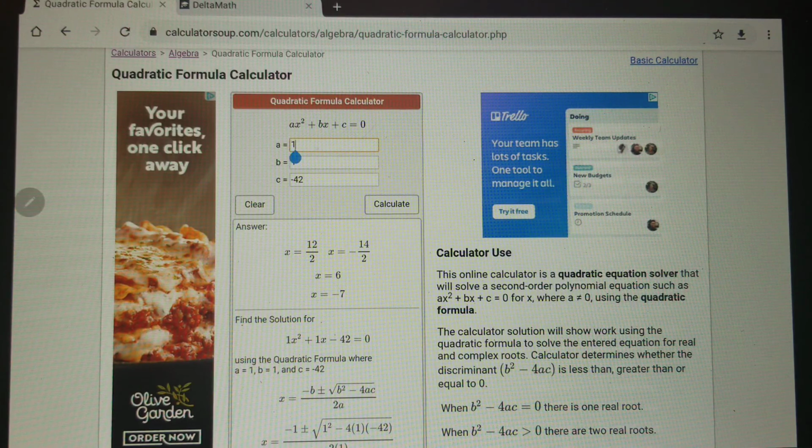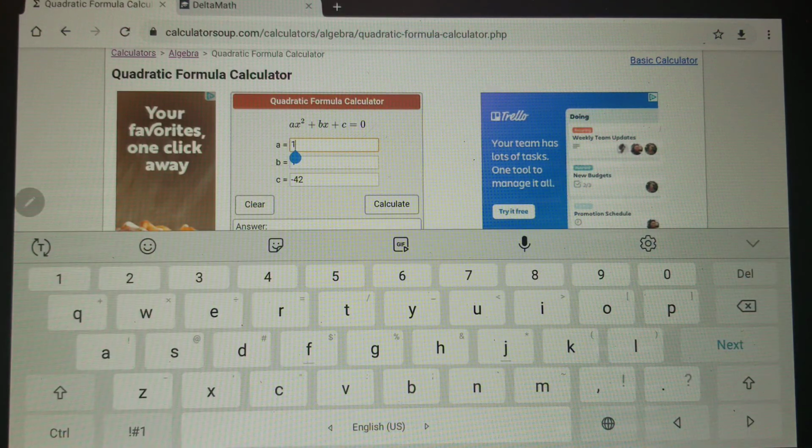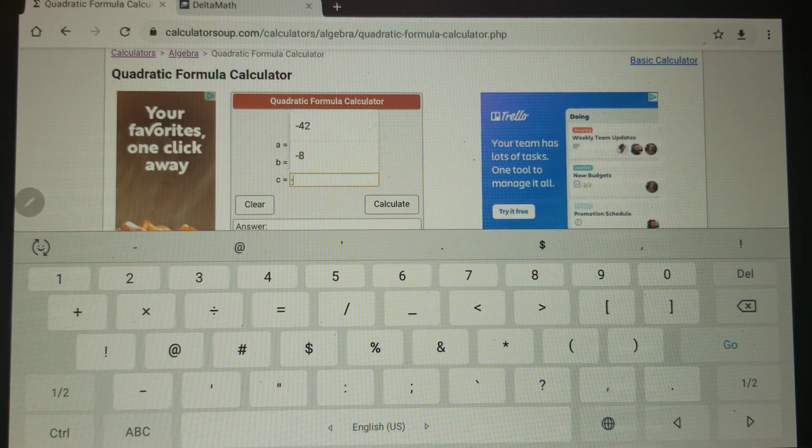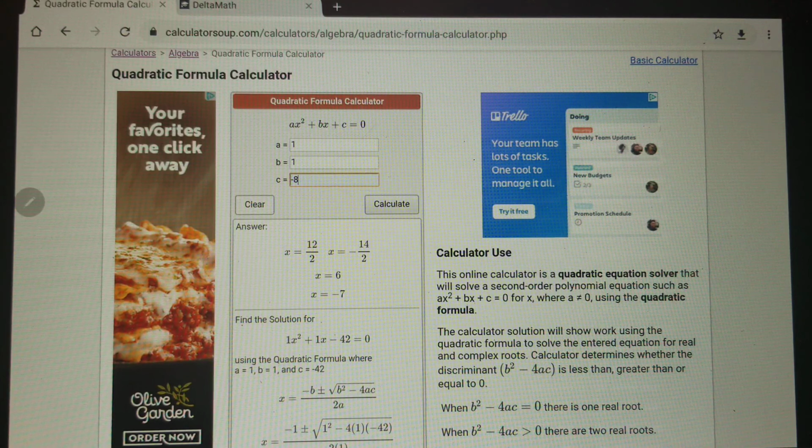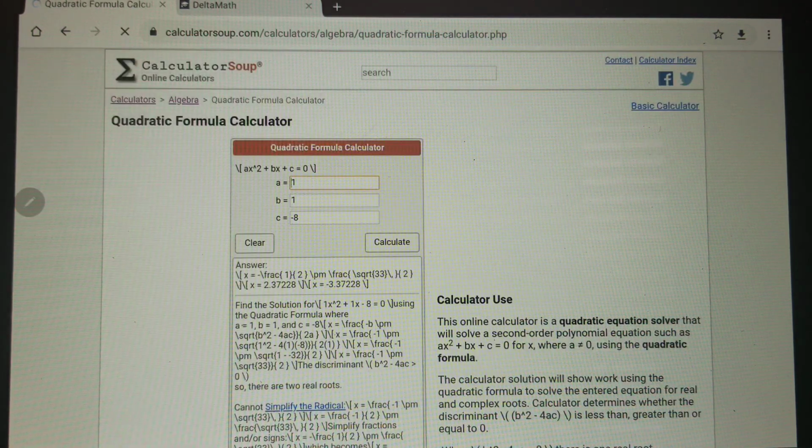There's a 1, so I put in a 1 there. I have another 1 there. And now I have to put in negative 8. So where's my negative sign? All right, negative 8, and I say calculate. It's working.